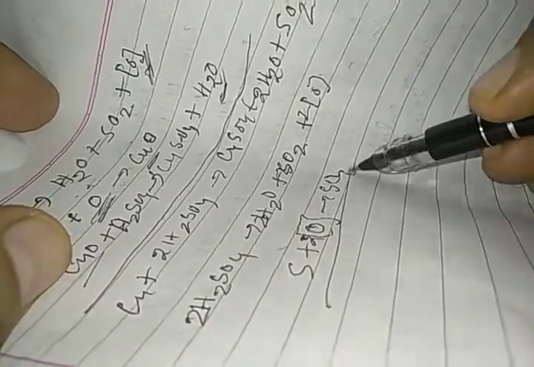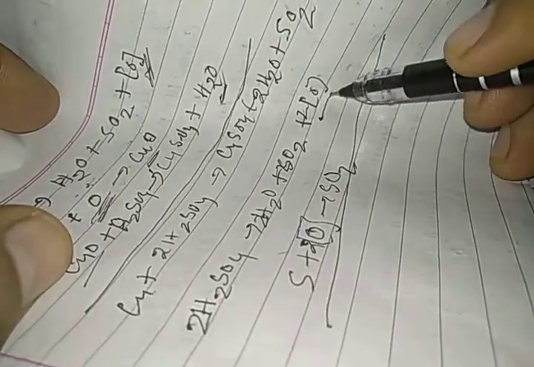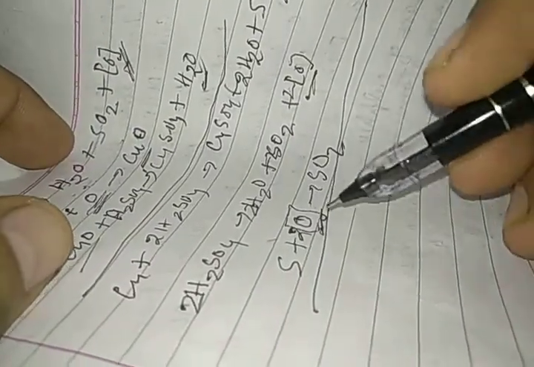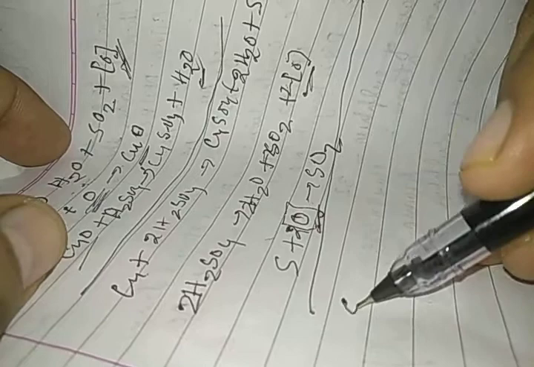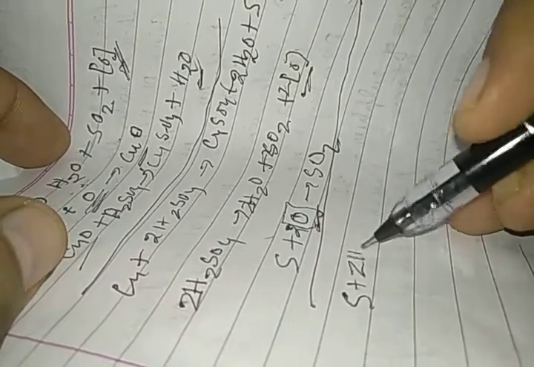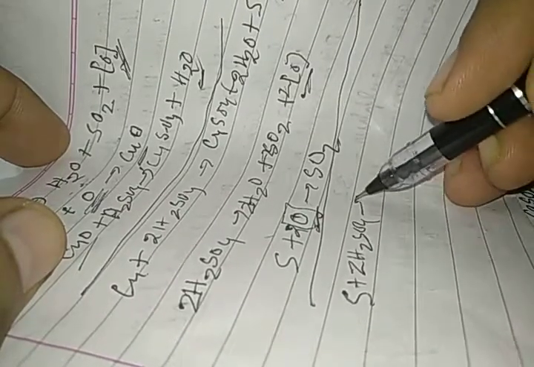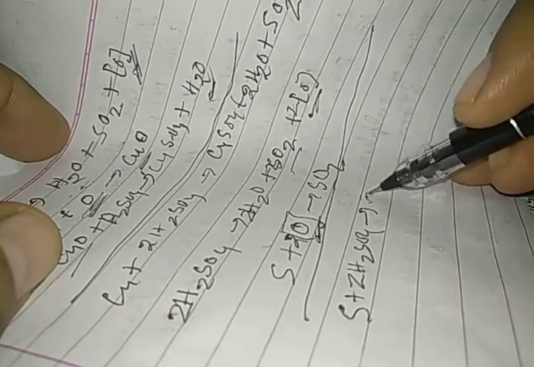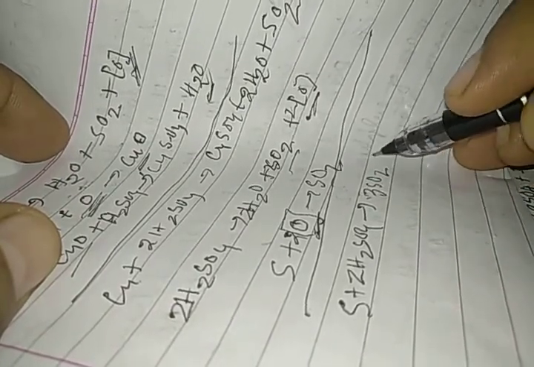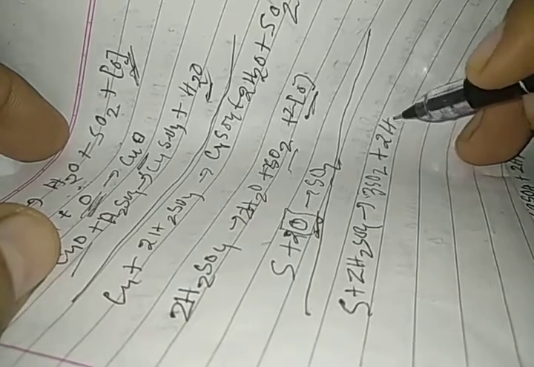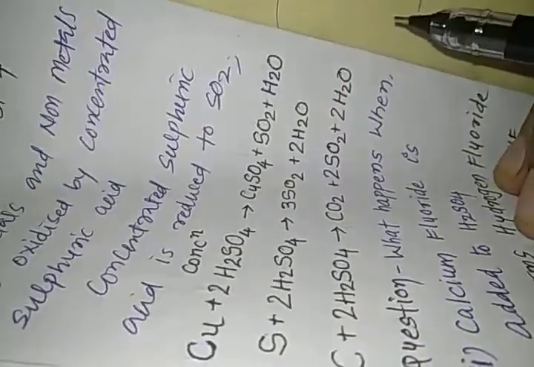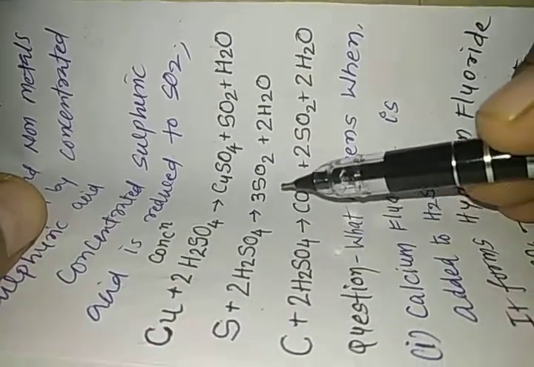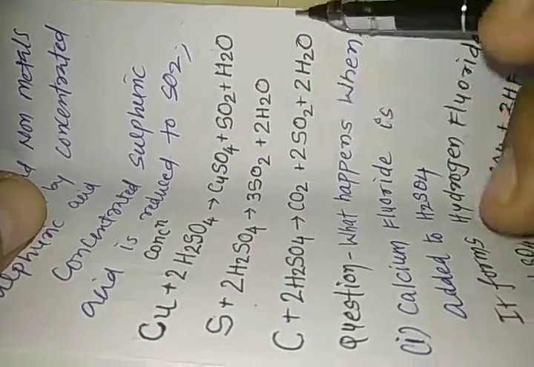Now you can add both equations. See, two nascent oxygen get cancelled. What you finally get is S plus 2H2SO4 giving 2SO2 plus 1SO2, that gives 3SO2 and twice H2O. This is the equation: S plus 2H2SO4 gives 3SO2 plus 2H2O.